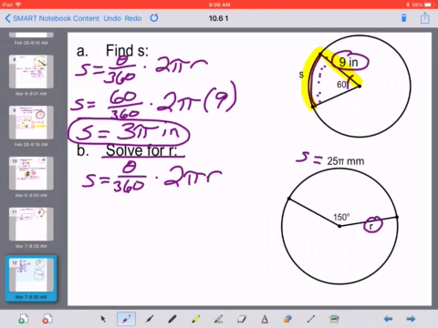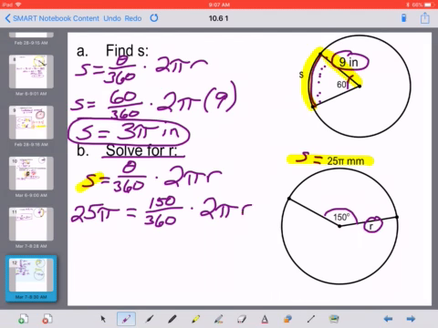What's different is that we now know the value of S, given as 25 pi millimeters. So 25 pi goes here. That equals theta, the measure of our central angle, which is 150 degrees out of 360, multiplied by 2 times pi times the radius. And r is what we're trying to solve for.